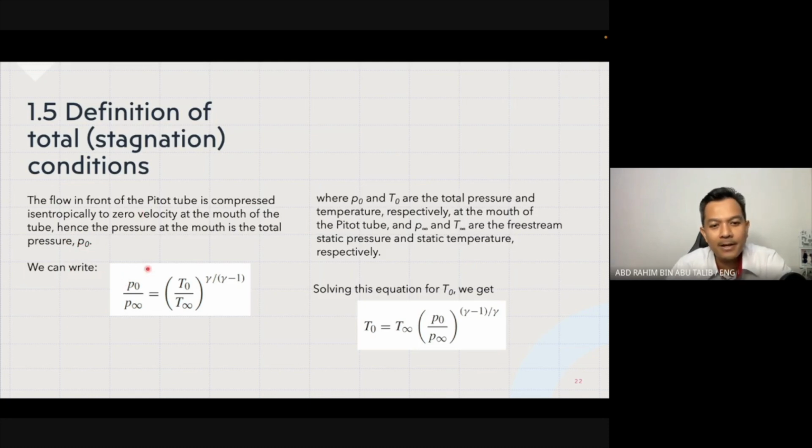So we can write the expression for the ratio P naught over P infinity, where P naught and T naught are the total pressure and total temperature at the mouth of the pitot tube, and P infinity and T infinity are the free stream static pressure and static temperature, respectively. Solving this equation for T naught, we rearrange to get the T naught expression as here.